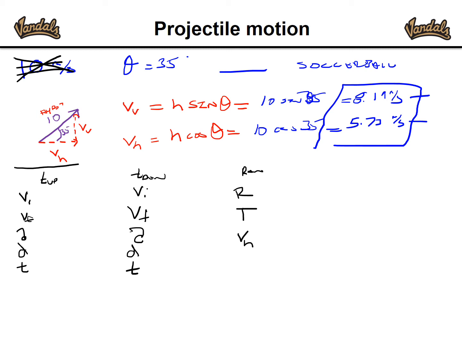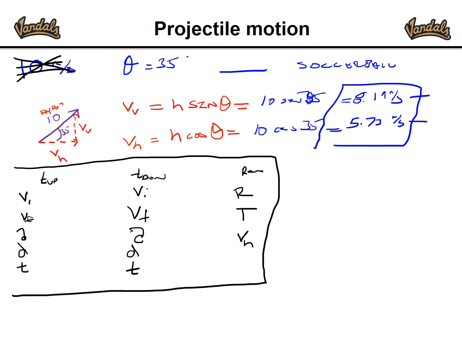So I take this part right here and I write it out every single time I do a projectile motion, because what you're going to do is fill in the knowns, the known quantities. And I'll show you what that looks like shortly.